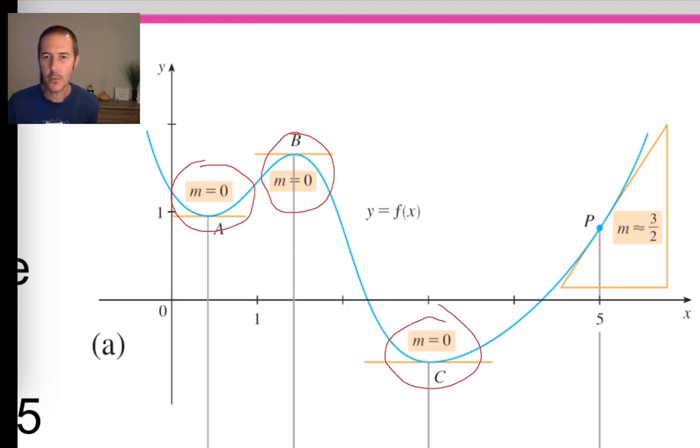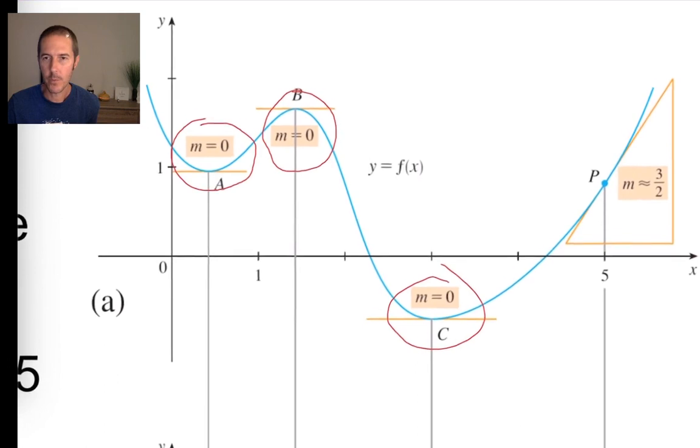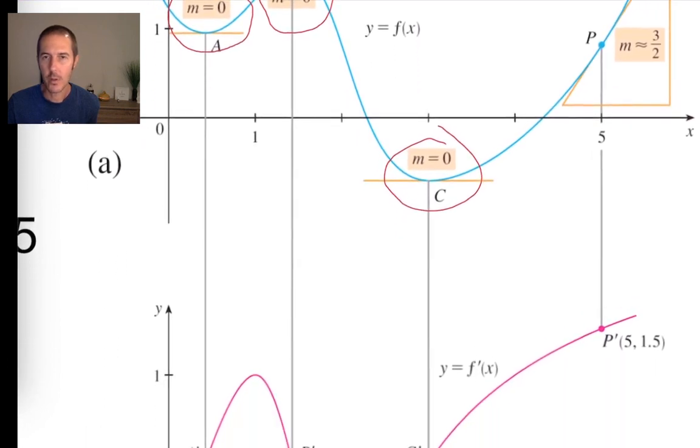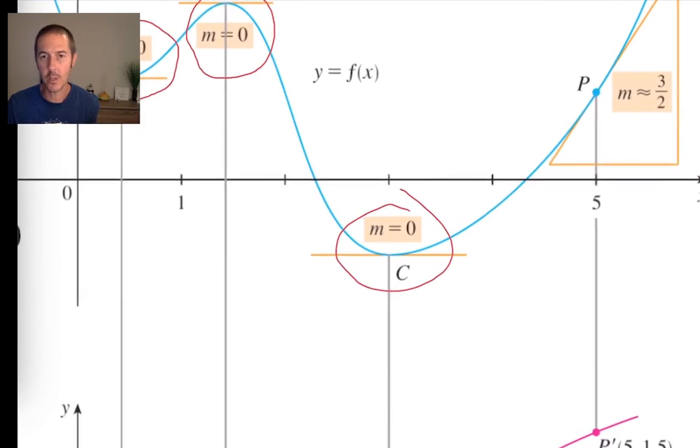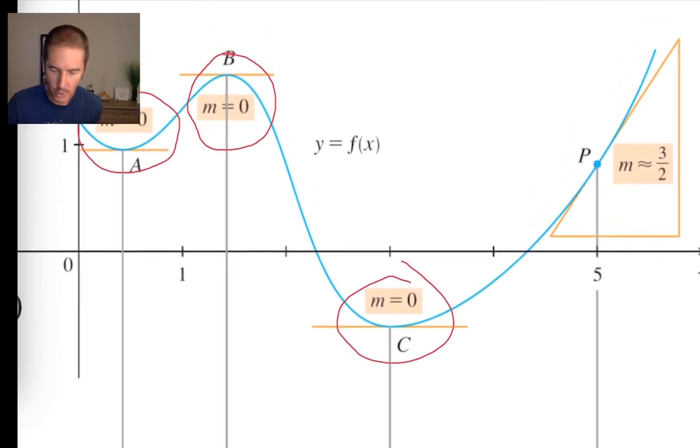And if we take those 3 points, or x values, specifically what we're going to do is graph this x coordinate with a new y value. And that y value is going to be the slope of the tangent line.